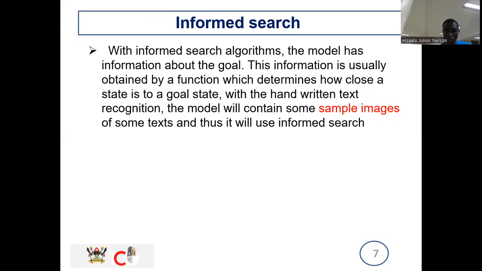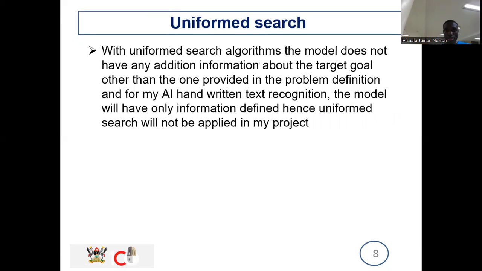Like if I'm training a model for my project, which will recognize handwritten text, it will have some information, let's say images of some texts, as simple as that. Then with uninformed search, the model you're training does not have additional information about the target goal. In this case, it will not be much applied in my project.